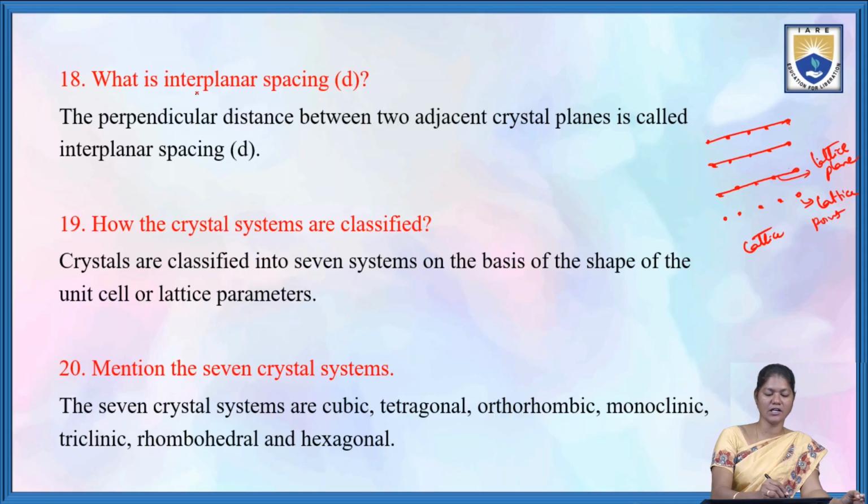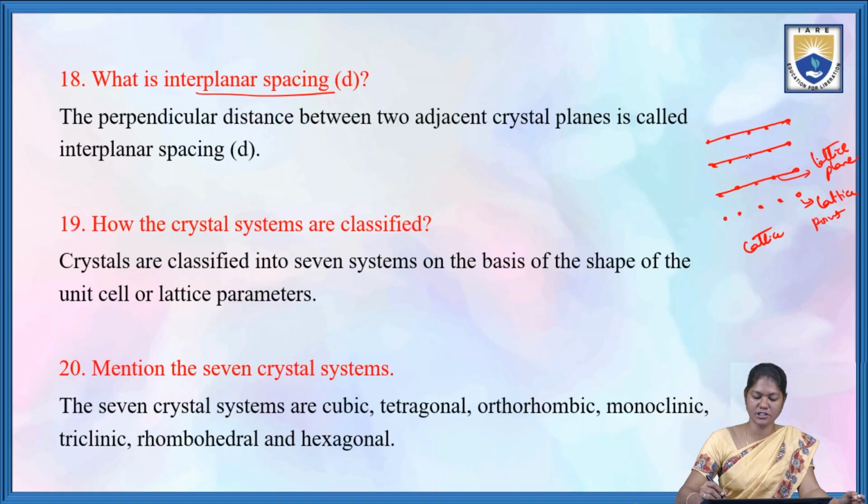When taking interplanar spacing, it is the perpendicular distance between two adjacent crystal planes. So this is one of the planes and this is another plane. The adjacent planes are this and this. So the perpendicular distance between two adjacent crystal planes is called interplanar spacing, that is d.